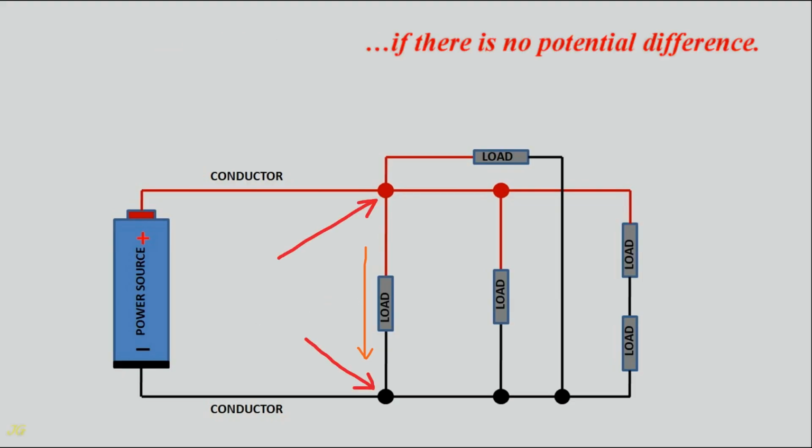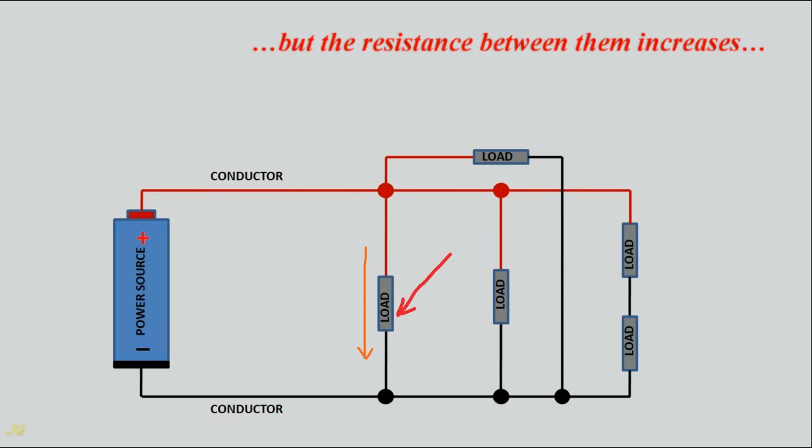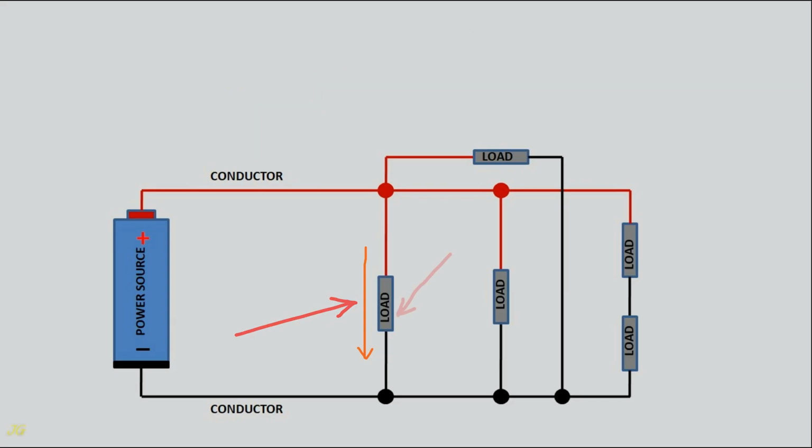If there is no potential difference, or when the potential difference between 2 points in a circuit is constant but the resistance between them increases, the current flow will become less and less because the force is too weak to push the current out and overcome the increasing resistance.